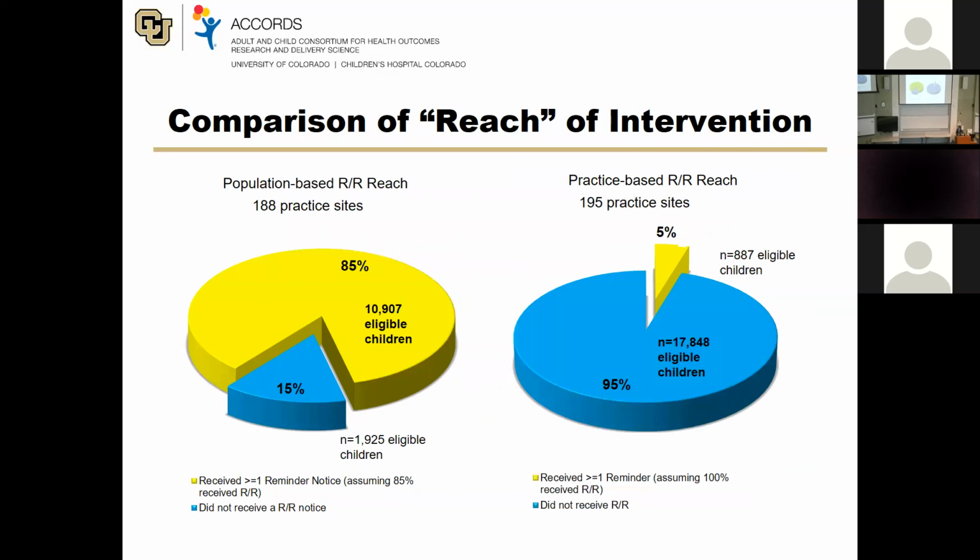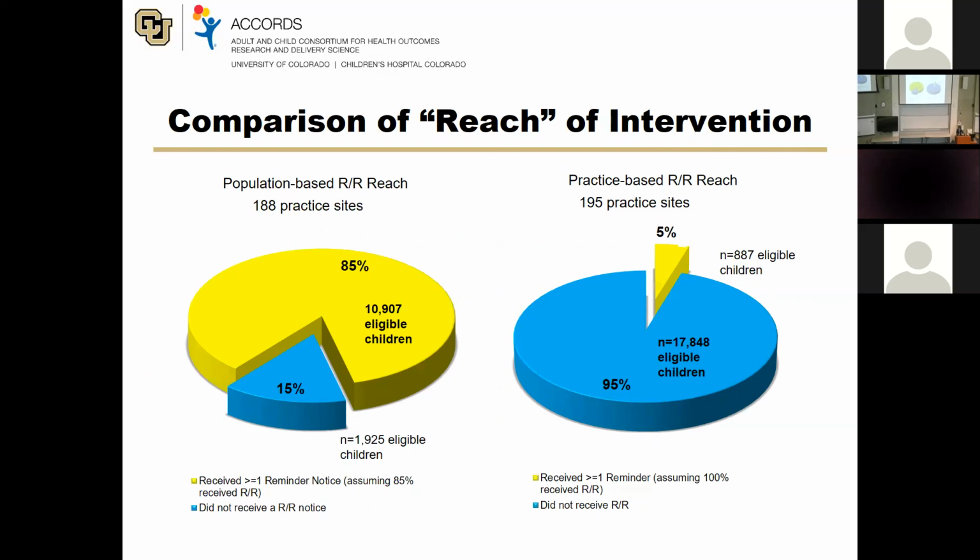So this is the first and major result of this. This is the comparison of the reach of this intervention in the two arms. The population-based reminder recall is on the left, and the practice-based on the right. As you can see, since we had control over this centralized approach, we estimated that about 85% of children in these counties were reached by this intervention, at least once.